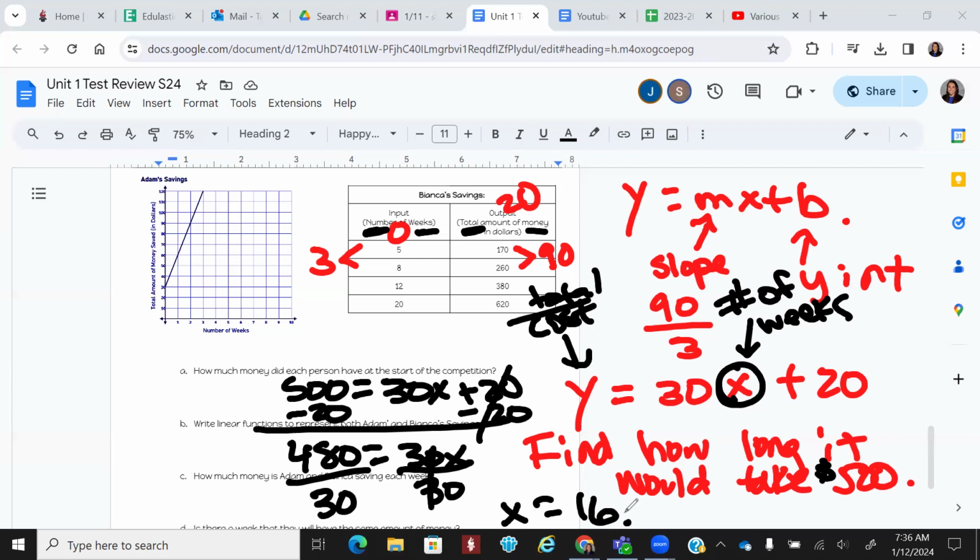You have to be careful and pay attention to what they are asking you to find. Are they asking you to solve for X? Are they asking you to solve for Y? If they ask how long something's going to take, you're solving for X: the number of minutes, weeks, years, whatever. Questions?